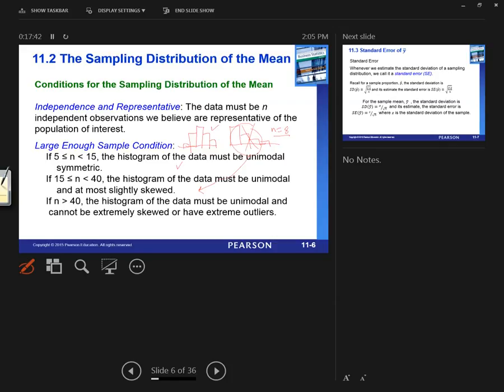As long as it's at most slightly skewed, anything between 15 and 40 is going to work. Now, if n is bigger than 40, we call that a large sample, even though it's not that big. But as long as the histogram is unimodal and it's not extremely skewed, I could have something that's skewed, something like this.